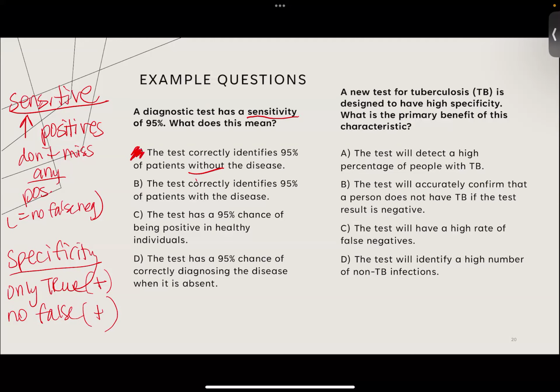So we'll go ahead and analyze this question just to break it down before we get to our choices. What this is actually saying is that if you had 100 patients with the disease, its sensitivity says we'll catch 95% of those. That's what that means.